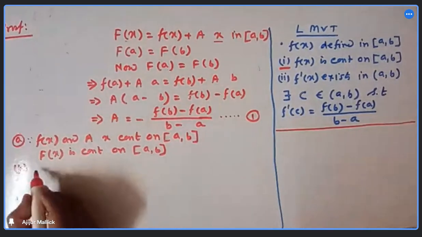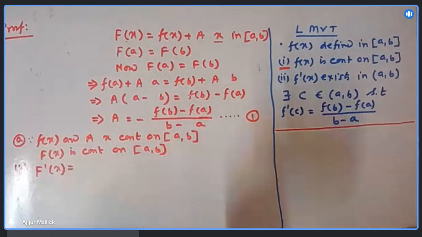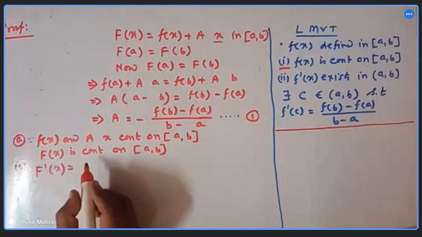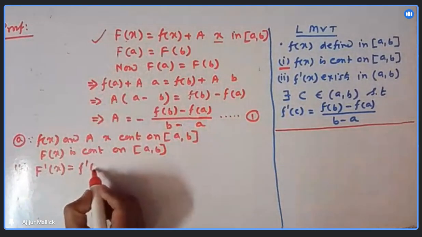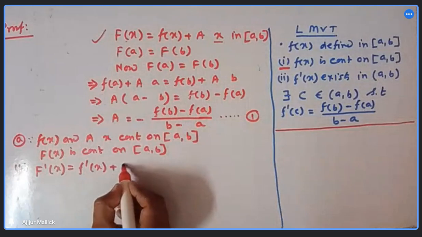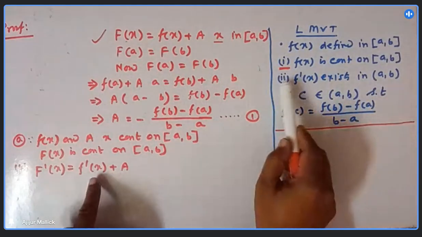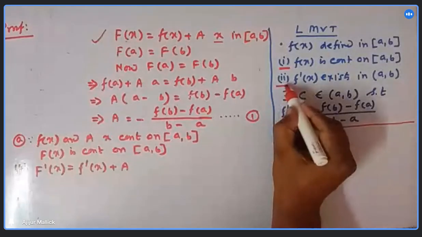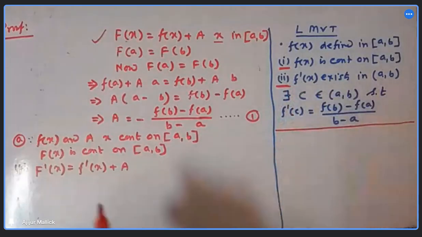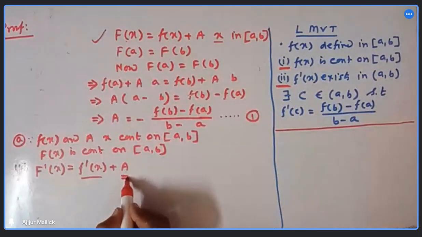Number b, capital F dash x is equal to its derivative. This is small f dash x plus capital A. In this theorem, it is given that f dash x exists, and A is constant.